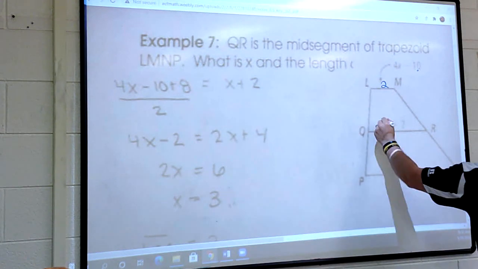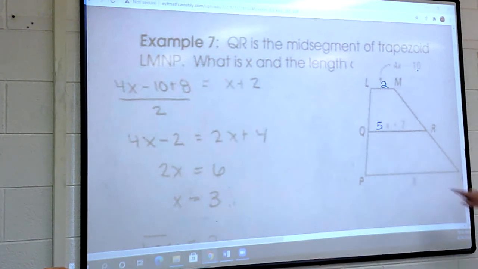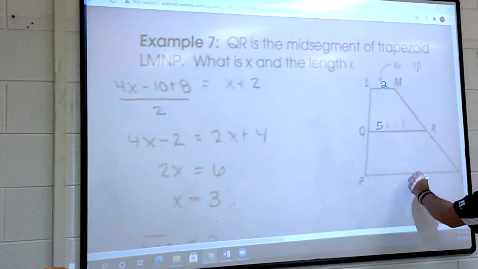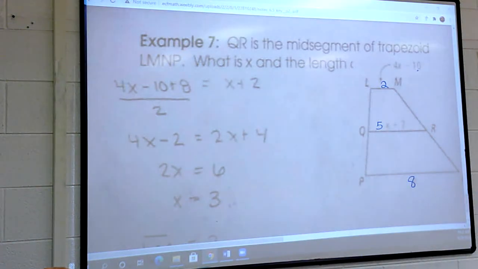So this middle line is 5. And we already know this bottom line is 8. So that makes sense. They go in order. 2 plus 8 is 10. Divided by 2 is 5. So that makes sense that it's the midpoint of them. If you add them together and divide by 2, you should be able to get that middle one. And that's basically what we did. We just did it with algebra.